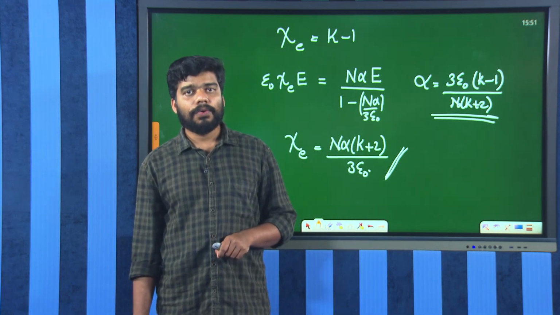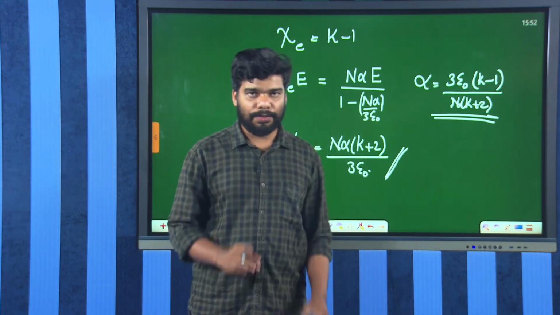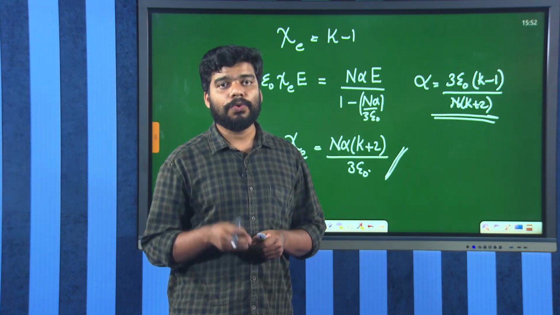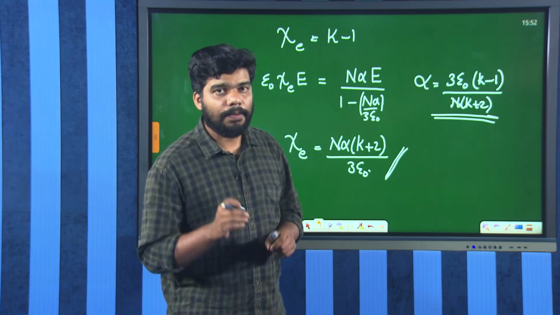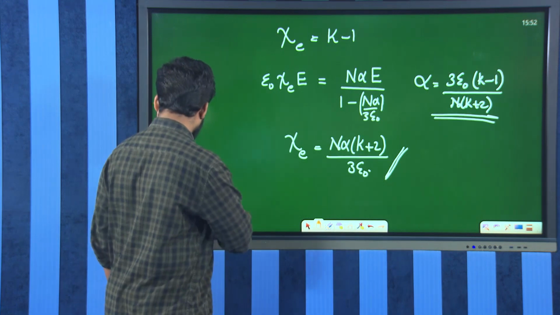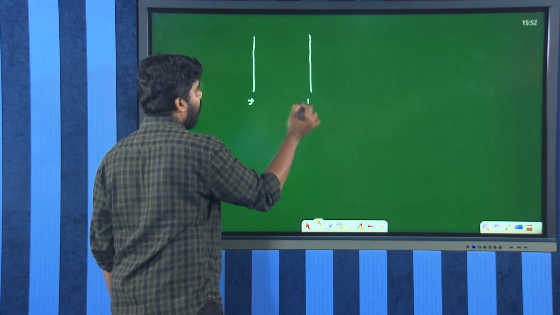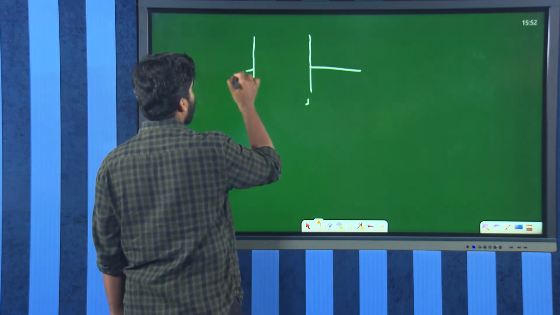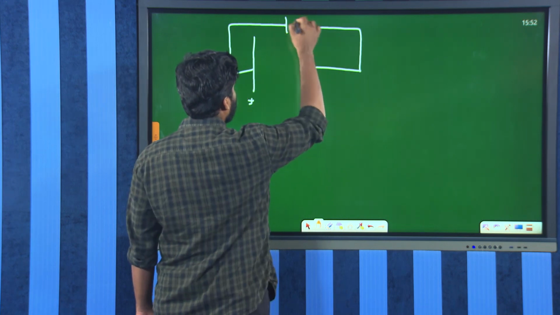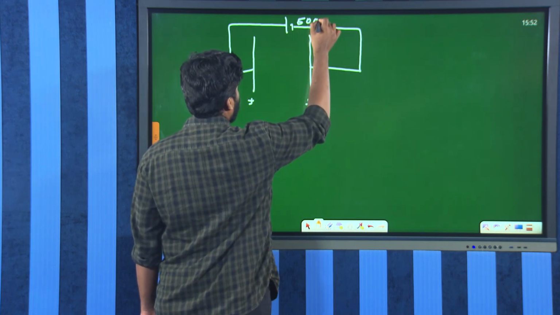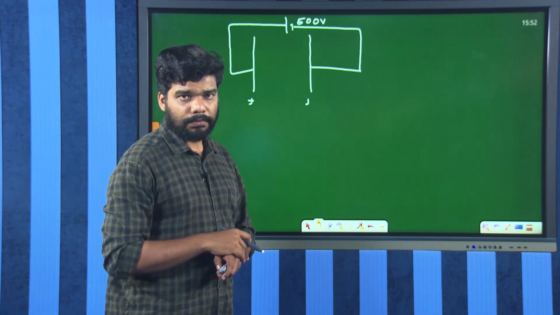Okay. Now consider another problem. Consider a hydrogen atom with Bohr radius a equal to 0.52 angstrom situated in between the plates of a capacitor, and I have given them a 500 volt supply.